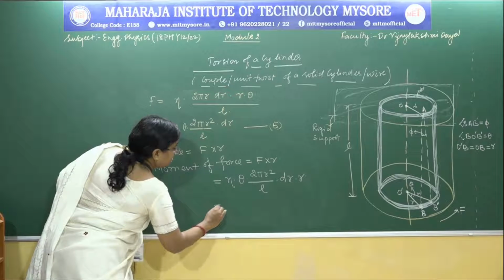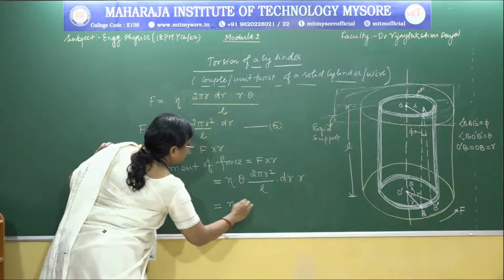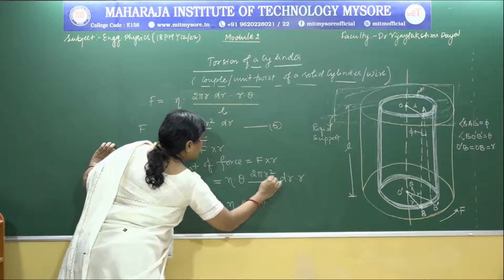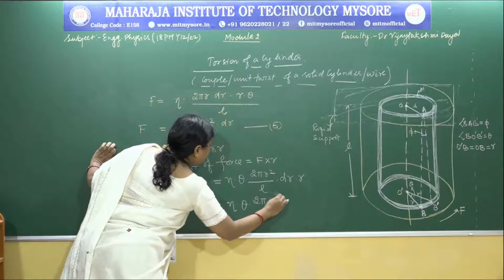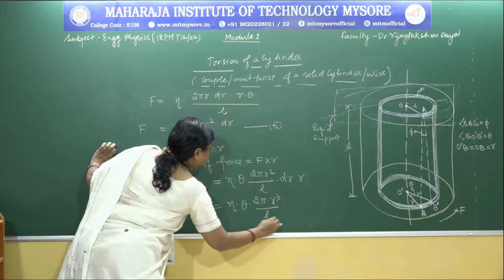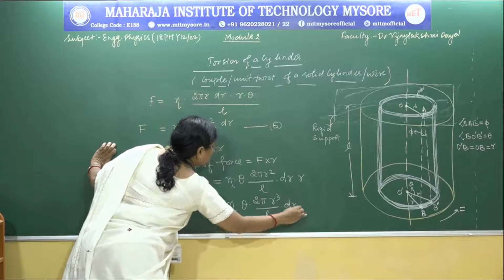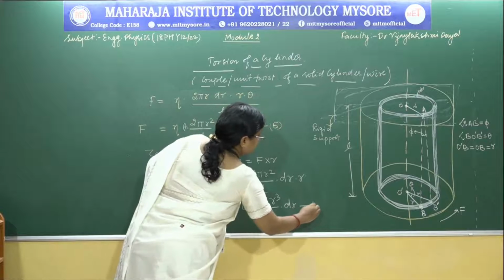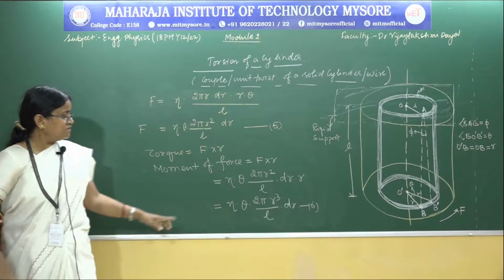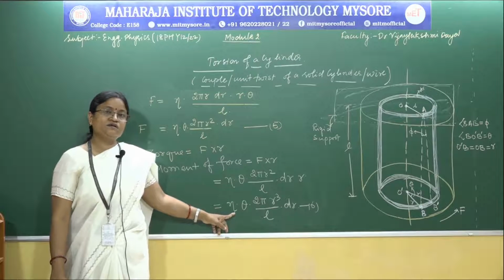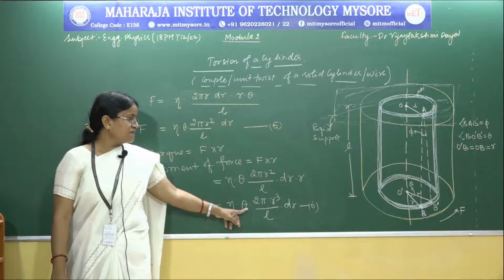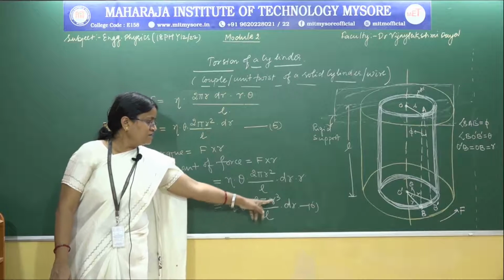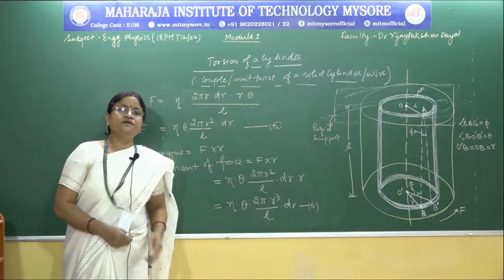So moment of force is equal to eta into theta 2 pi r square into r, which is r cube, divided by L into dr. The moment of force equation, what we have, is rigidity modulus multiplied by the angle of twist, 2 pi r cube by L, multiplied by dr.